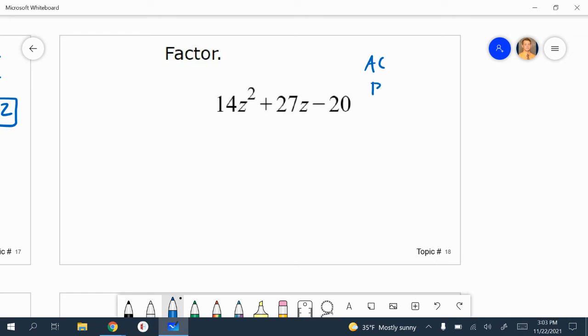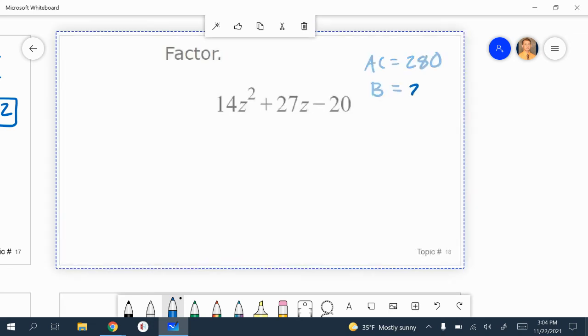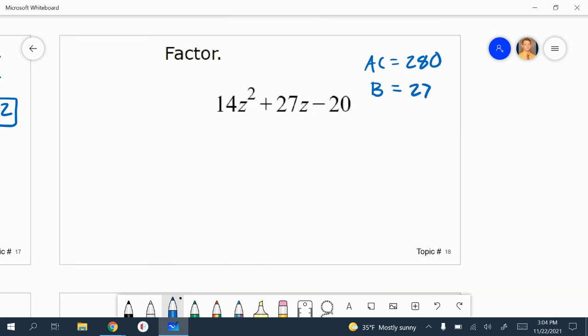A, C, and B. So A times C, you might need a calculator for some of these questions, but it should be 280. Sure we can't pull anything out? Yeah, I guess so. My B value is 27. So I need two numbers that multiply to give me 280 and add to give me 27.